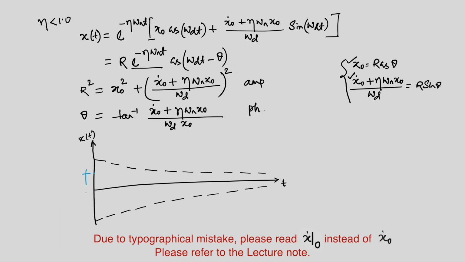So, this is our x naught, and the blue line you can see is the solution, and this dotted line is e to the power minus eta omega n t.